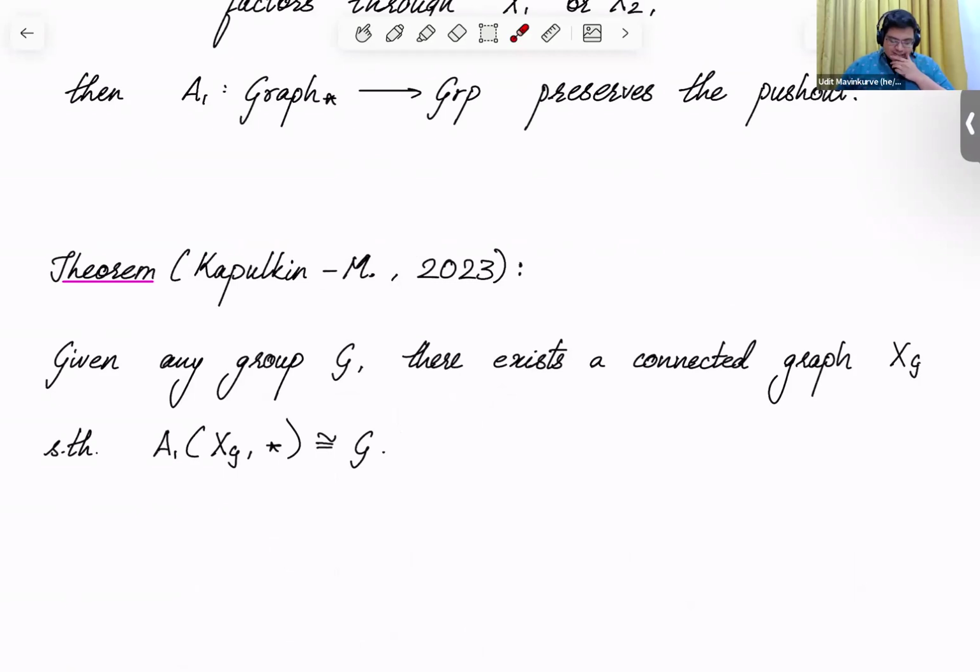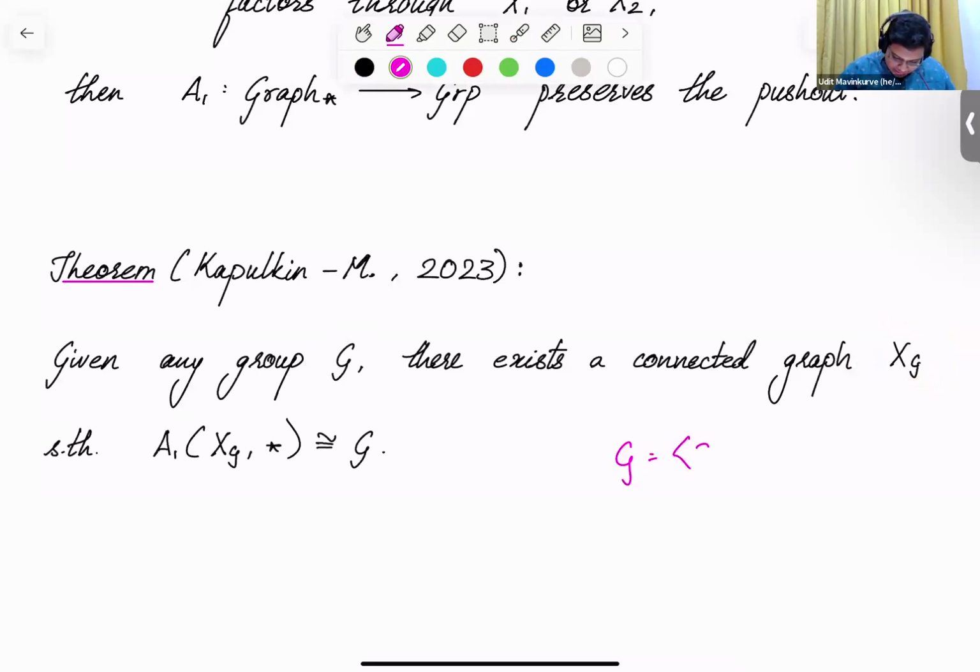Yeah. So the way we did this was, the construction of the graph depends on a choice of presentation for the group. So we choose a specific presentation, say G = ⟨S | R⟩. So S is the set of generators and R is the relations between the generators that you want to mod out by.